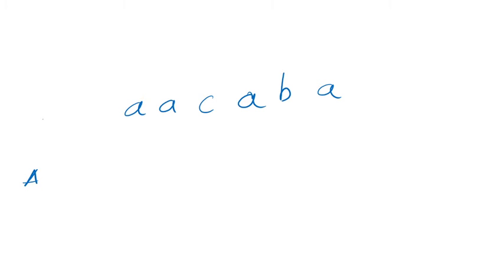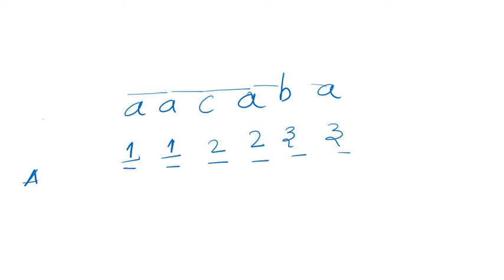So let me compute the array A. The number of unique characters till this index is 1. Up to this one, that is also 1, right? Up to this one, that is 2. A and C, up to this one it's 2. Up to this one it's 3, I guess, and up to this one 3, right?